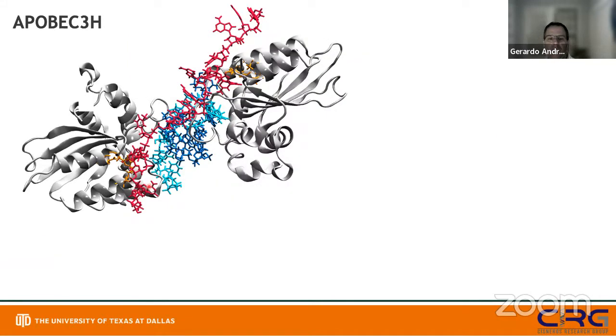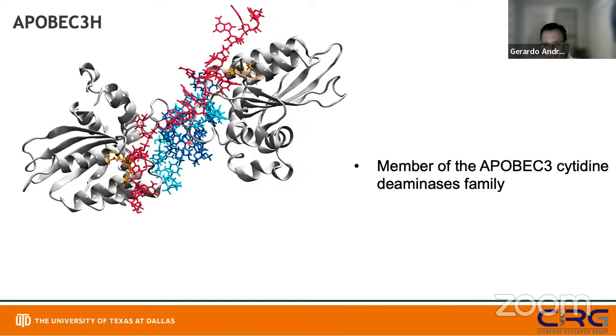I'm not going to spend too much time on APOBEC3H, except to tell you that it's a dimer. It has a double-stranded RNA that mediates the dimerization, and APOBEC3H acts on single-stranded DNA. It's a member of the cytidine deaminase family. So every time it sees a cytosine in DNA, it will deaminate it.